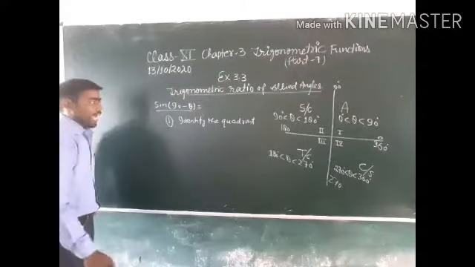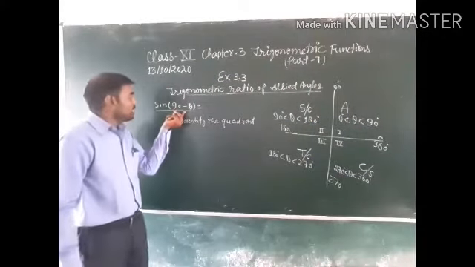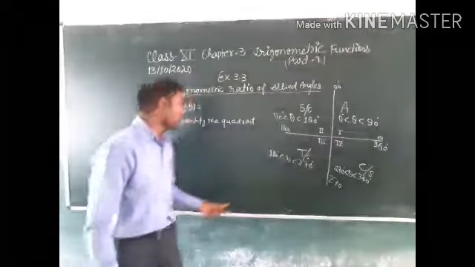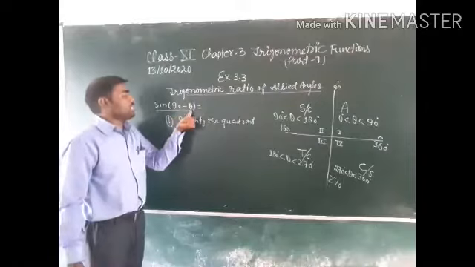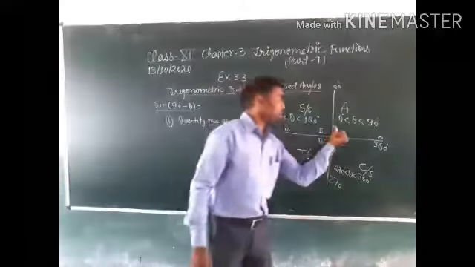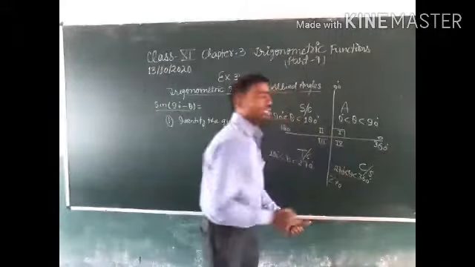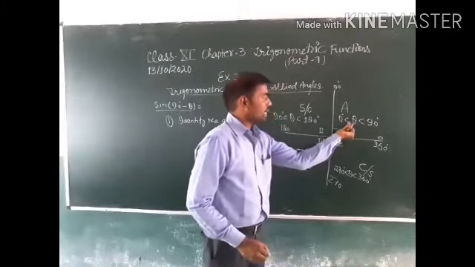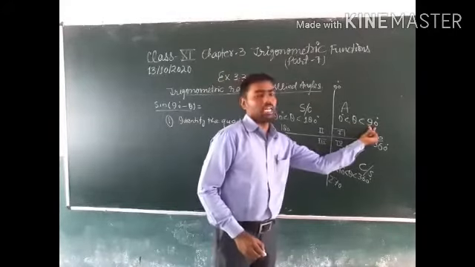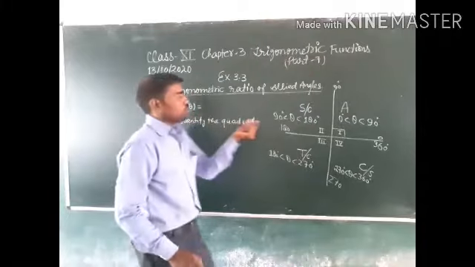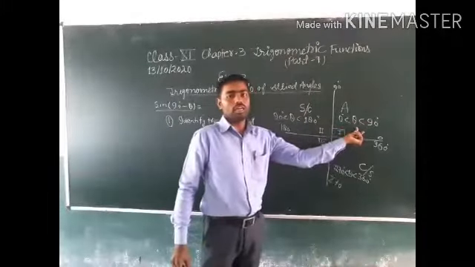So this is how we identify which quadrant the angle belongs to. Now 90 minus theta: this is 90, and theta is greater than 0 and less than 90 degree, so this whole part belongs to the first quadrant.